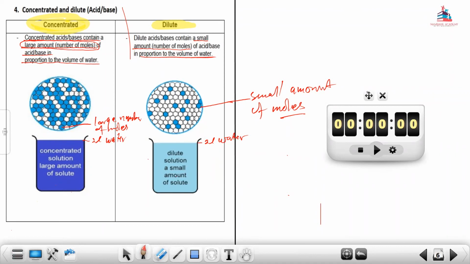Let's say, Manuku, we are not at a section where we must calculate the number of moles. We are not expected to calculate yet because this is just a differentiation between the two.